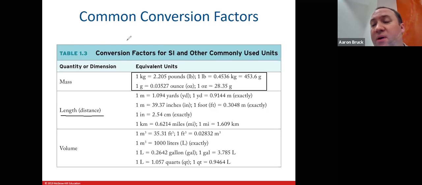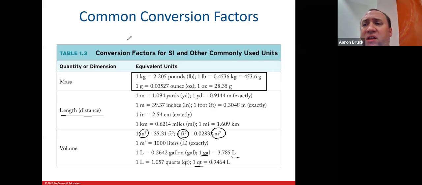We also have volumetric conversions. Volumetric conversions can focus in on cubic volumes like cubic feet, cubic meters. They can also focus in on more familiar kinds of volumes like liters and gallons, quarts.